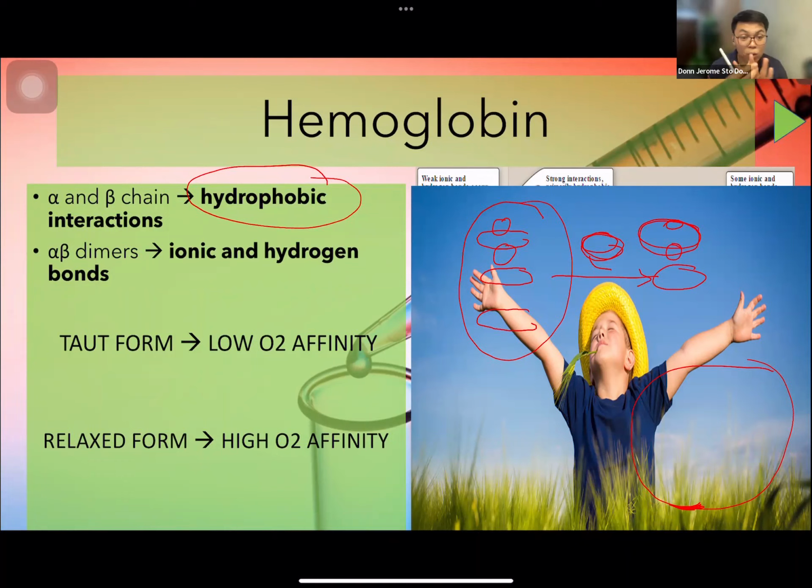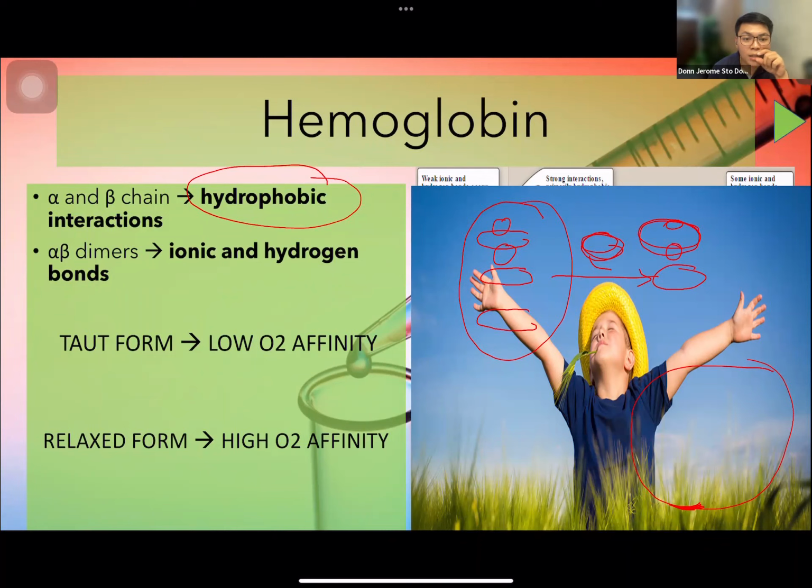The second oxygen, when it binds to the second subunit, will make it easier for the third oxygen molecule to bind. And the third oxygen molecule would make it the easiest for the fourth oxygen to bind. We term that the positive cooperativity effect of your hemoglobin.